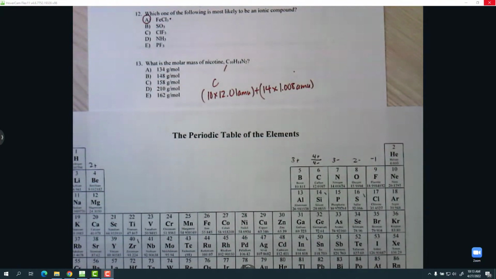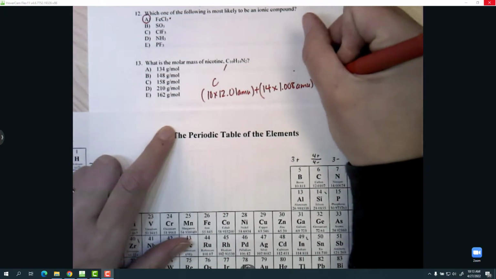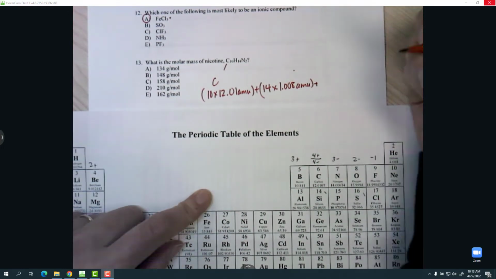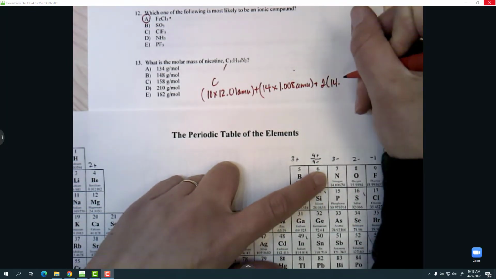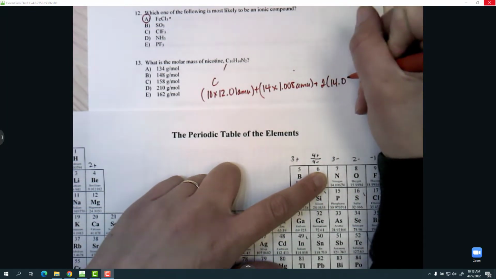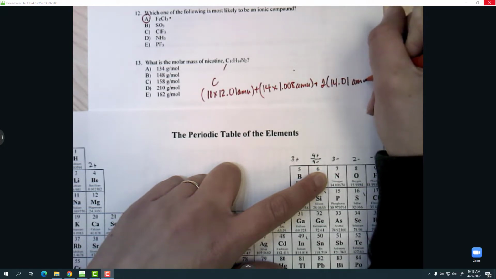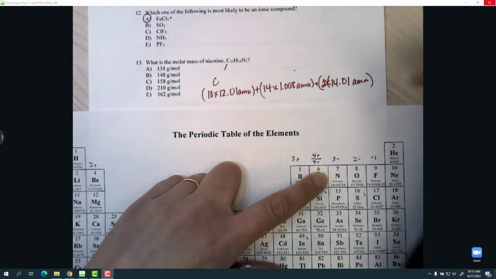AMU, grams per mole. Remember, one is just the mass of an atom, one is the mass of a mole. The units are different, but they're the same number, so it doesn't matter. I see now the answers are in grams per mole. And then 2 times 14.01.